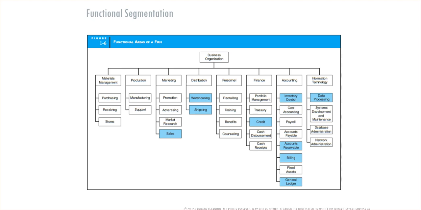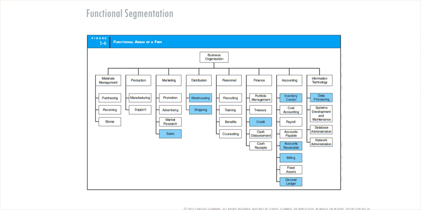This is a business organization, and the blue highlighted, you can see what it all is going to be dealing with, because you see under marketing, you see sales in blue. Under distribution, you see warehouse and shipping. Under finance, you see credit. And then in the accounting, this is a general ledger accounting.